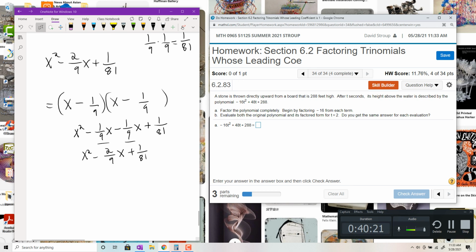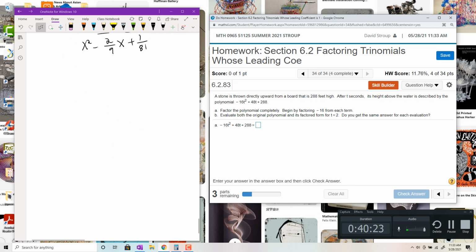So if you have anything else, oh, another application. Factor it completely first. So part A, we're doing an application on trajectory. A stone is thrown directly upwards from a board that's 288 feet high, and after 2 seconds, its height is described by this polynomial, which I'll call h.